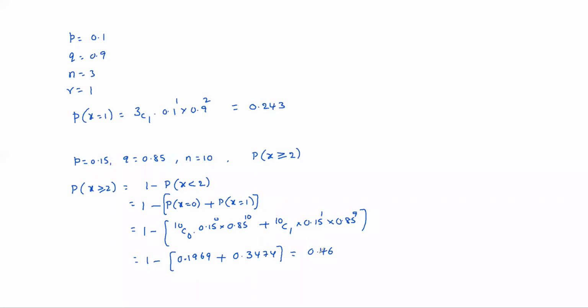Similarly, you can see one more problem, 395. The probability of a driver having a license is 0.8. That means Q is 0.2. If 5 persons are randomly chosen, N is 5. Find the probability that at least 2 persons have a license.